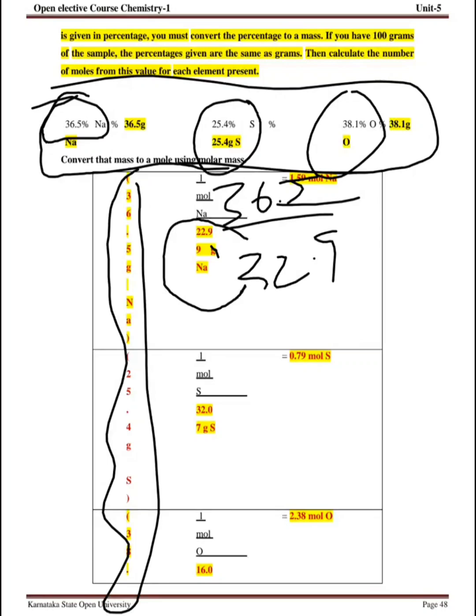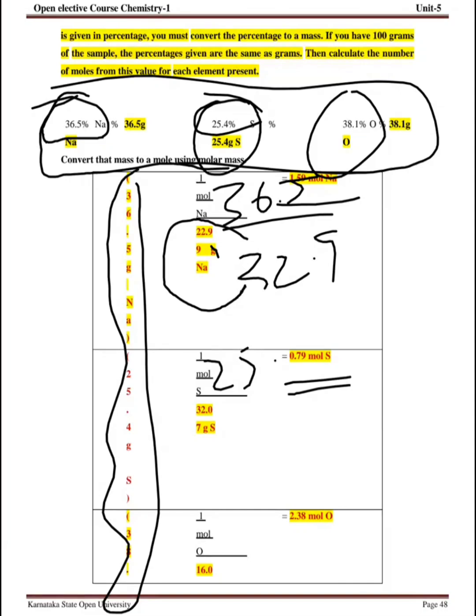The same we calculate for sulfur also. Sulfur is 25.4%, divided by 32.0, which is the atomic weight of sulfur. If you calculate, you will get 0.79 moles.